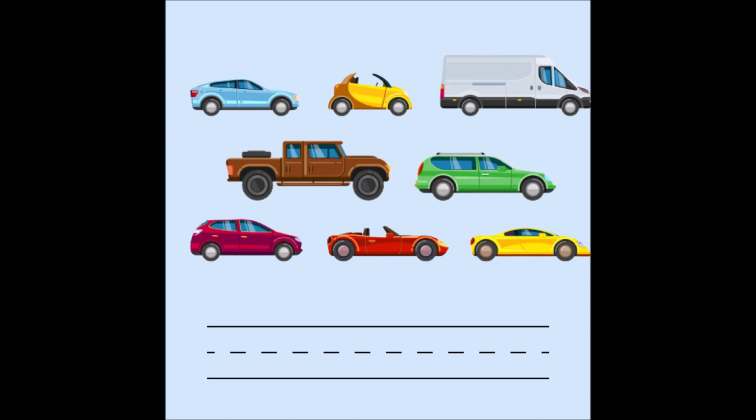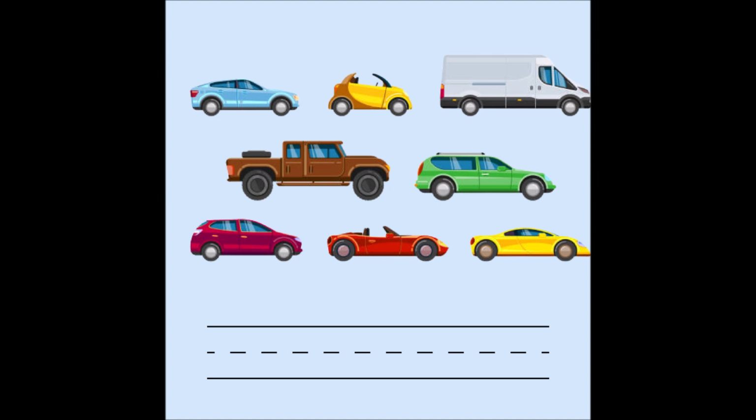Look at these pictures of cars. Do you like to play with cars? On this picture of cars, there are lots of different types of cars, aren't there? I see a big truck, a convertible, a station wagon. I even see a moving or delivery van.